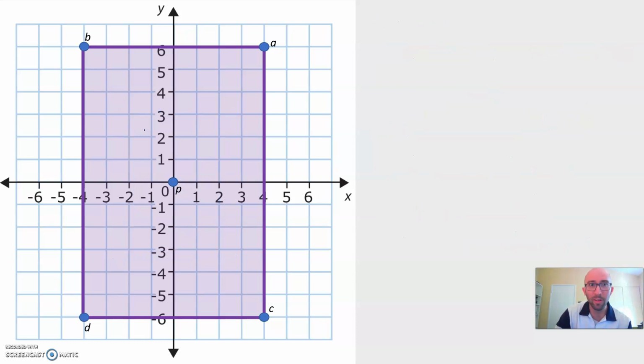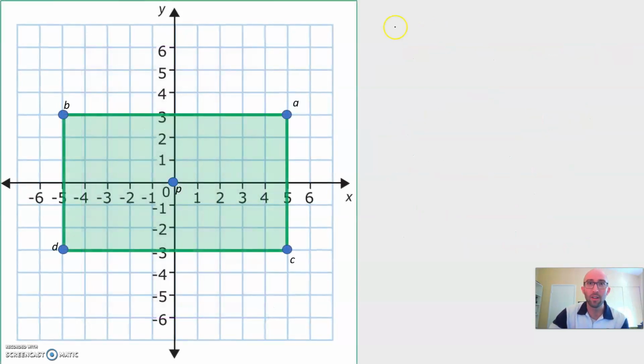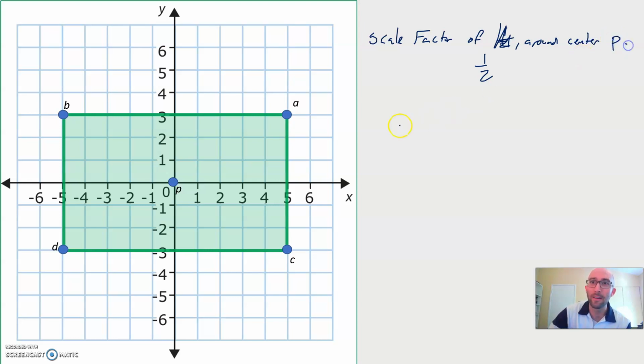Okay, we're going to do the same thing with a green triangle this time. We're still going to use a scale factor of 1/2 around center P. Okay, this time let's just start with every coordinate.